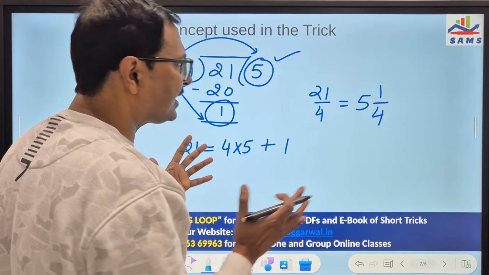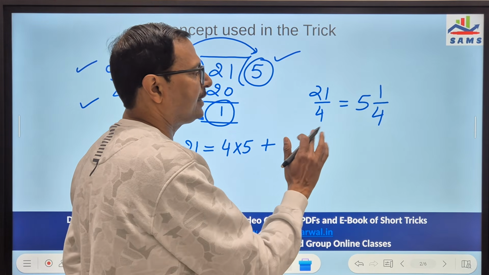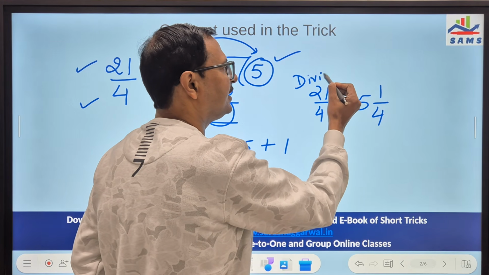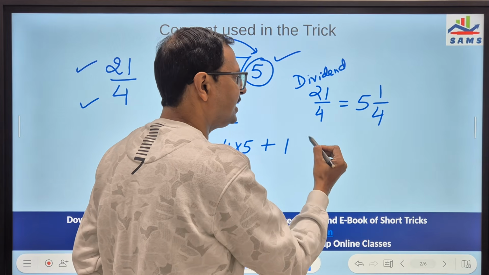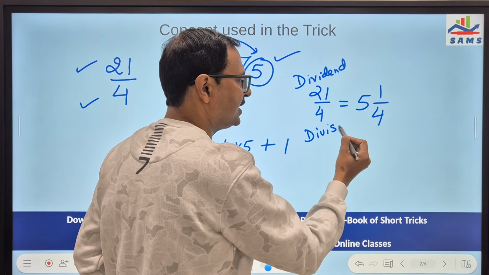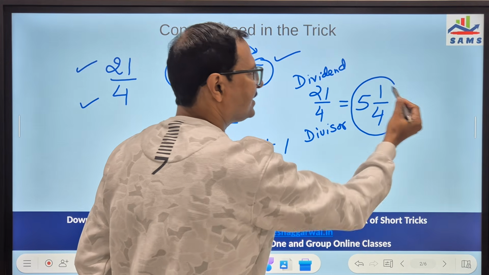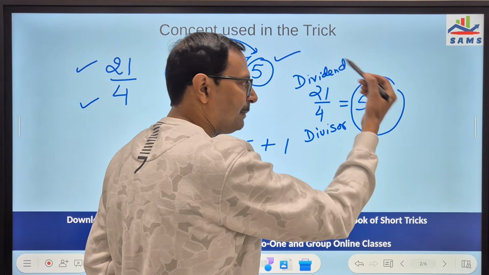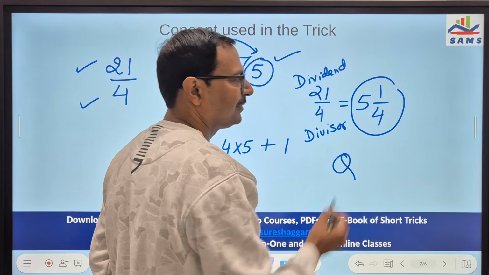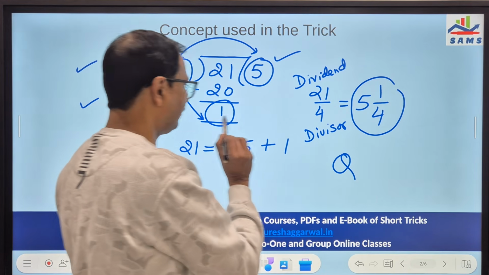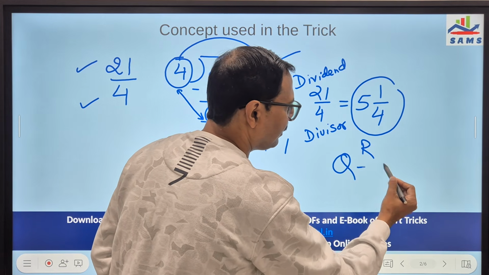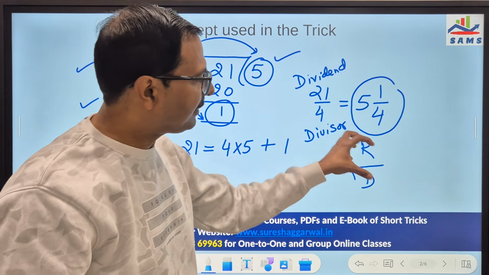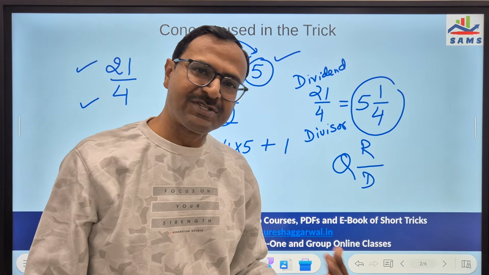So basically, what we are doing here is, you have this dividend and this divisor, right? So you want to express it like this. When you divide dividend by divisor, you express the mixed number as quotient, this is quotient 5, 1 which is the remainder, and upon divisor. Divisor is 4 itself. So quotient, remainder upon divisor, that is the mixed number representation.